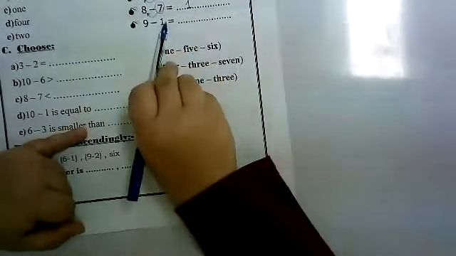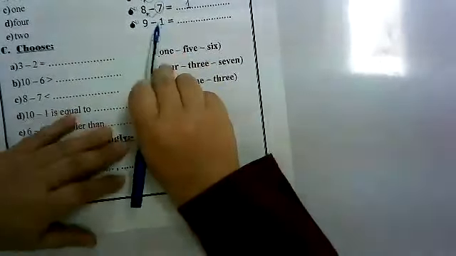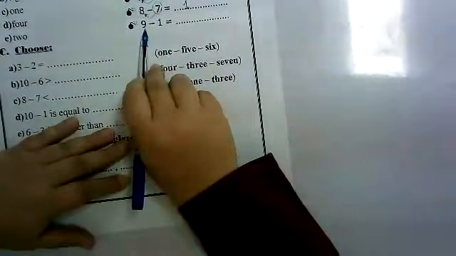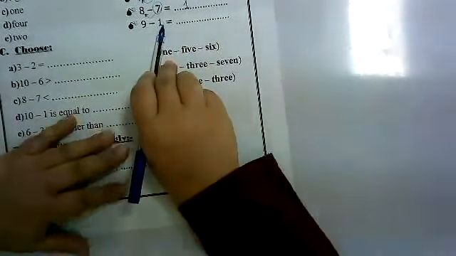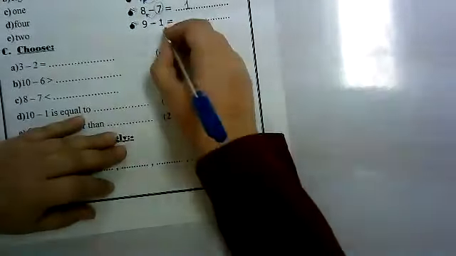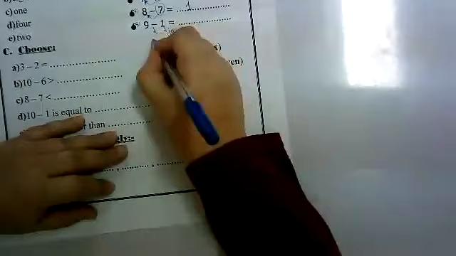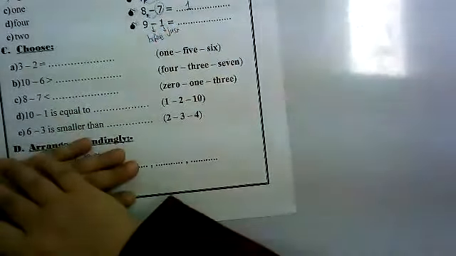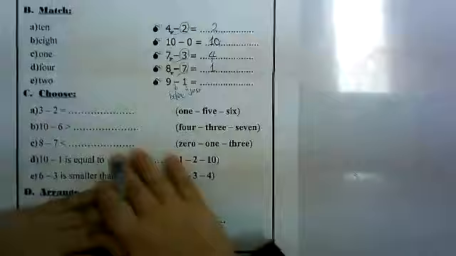9 minus 1 means what's just before 9. Minus means before, and 1 means just. We said before that before means smaller, right?